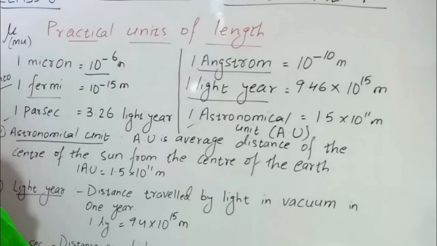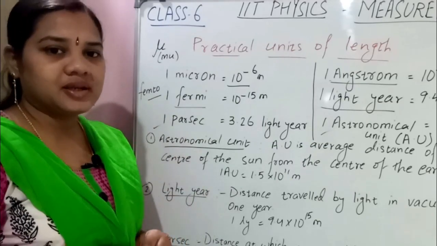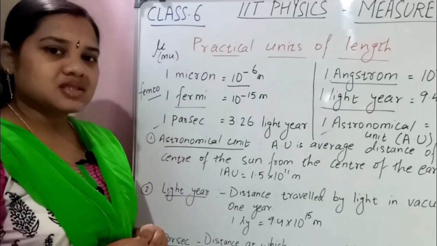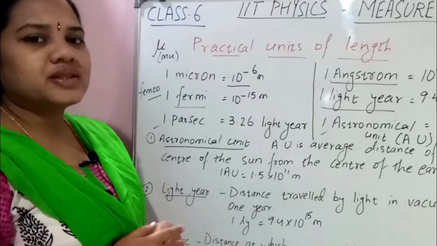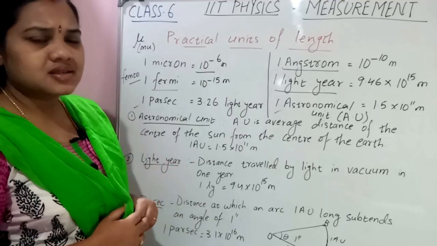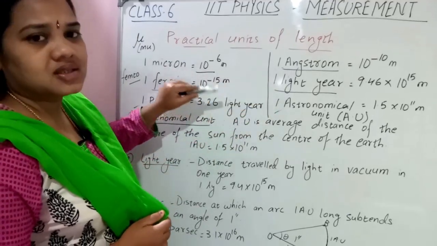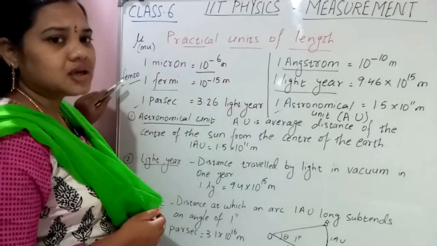These are the units used to measure the distance between heavenly bodies. In space there are heavenly bodies like planets and stars. The distance between star and planet is very long. These distances are measured in these units: light year, astronomical unit, parsec.